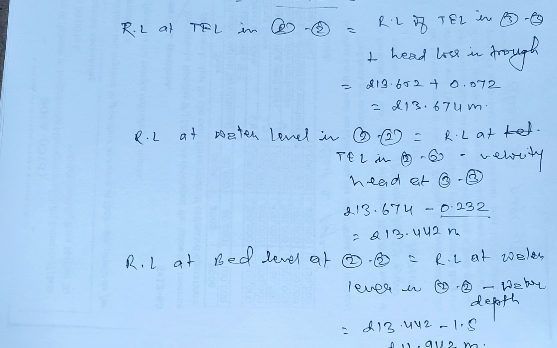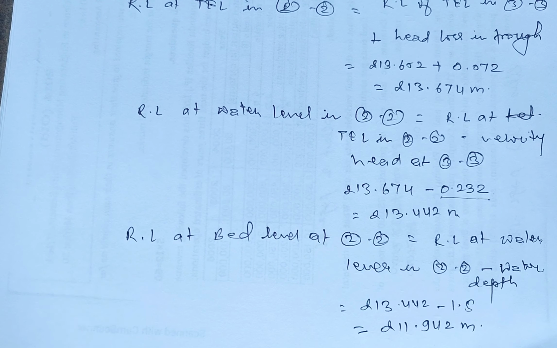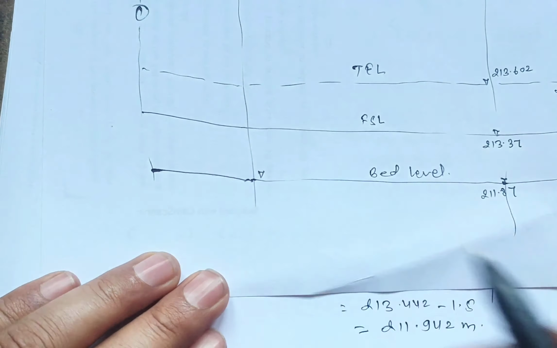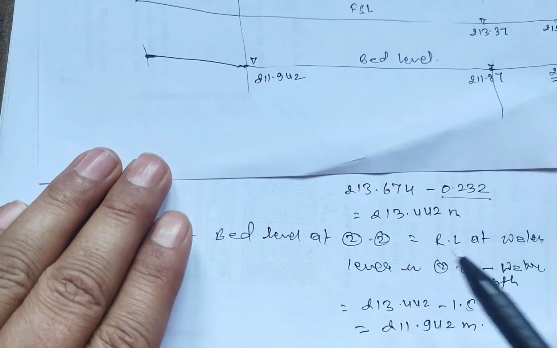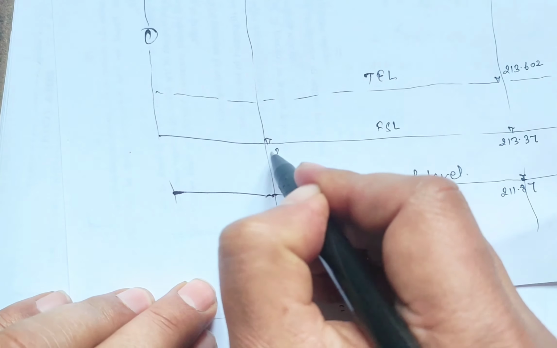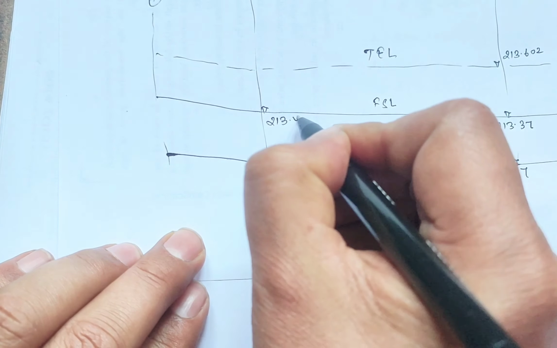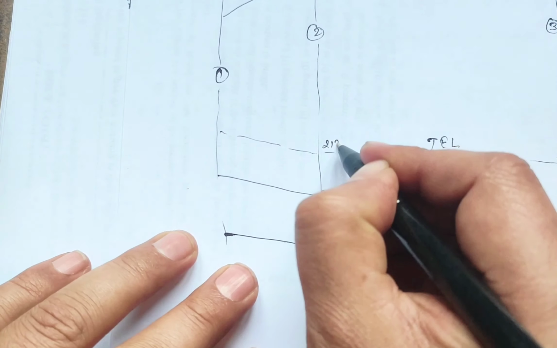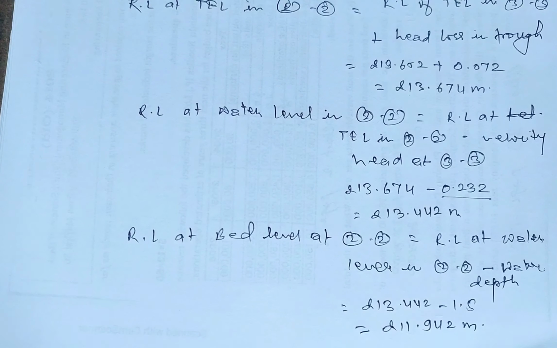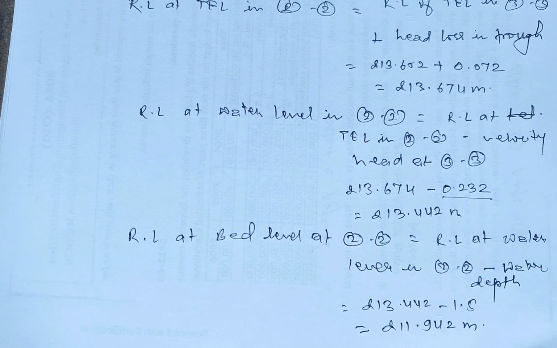Now let's place these values on our figure. The bed level at this point is 211.942, the full supply level is 213.442, and the total energy level is 213.674. After this, we go to section 1.1.